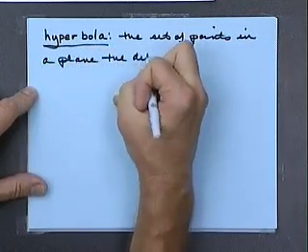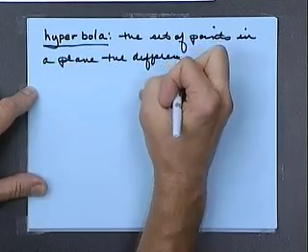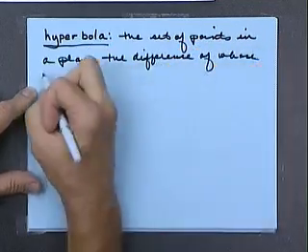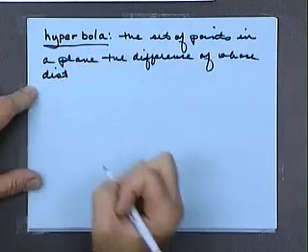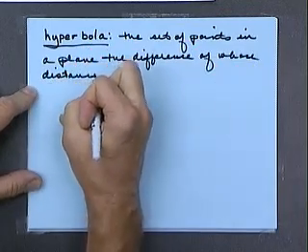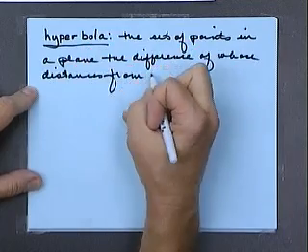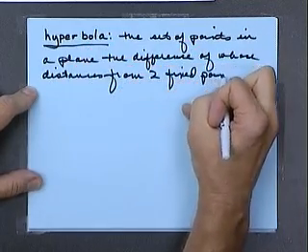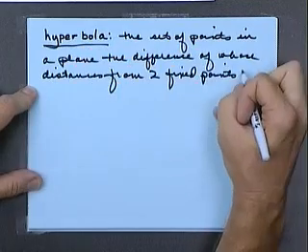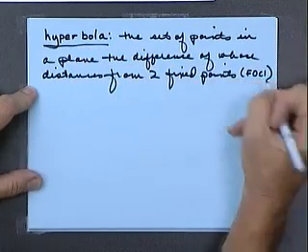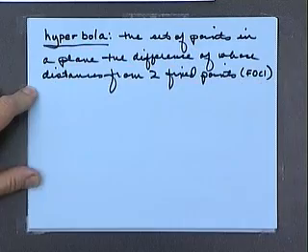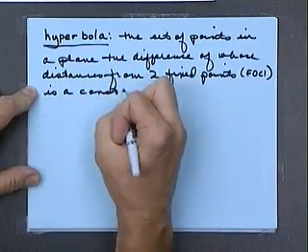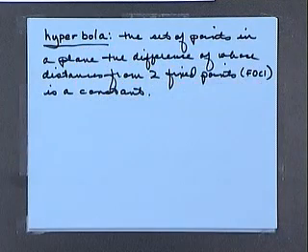The difference whose distances from 2 fixed points, again called the foci, is a constant.